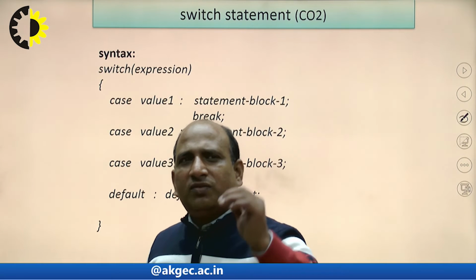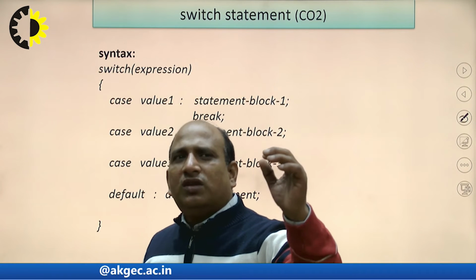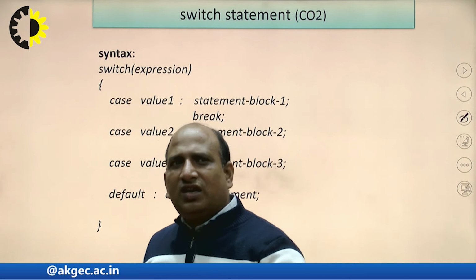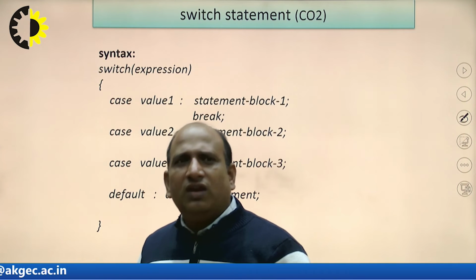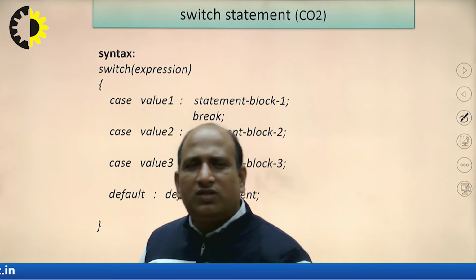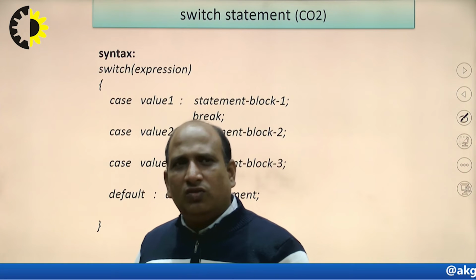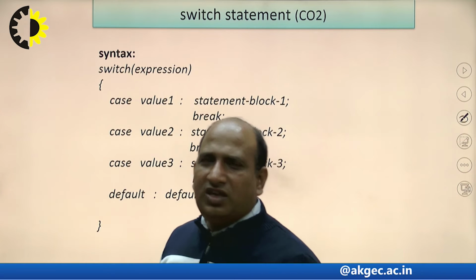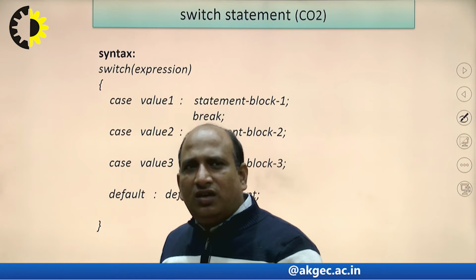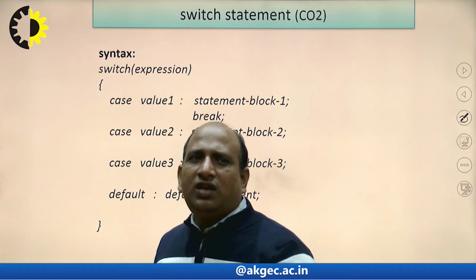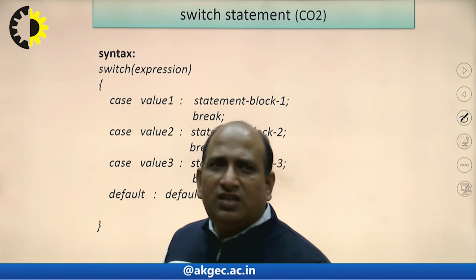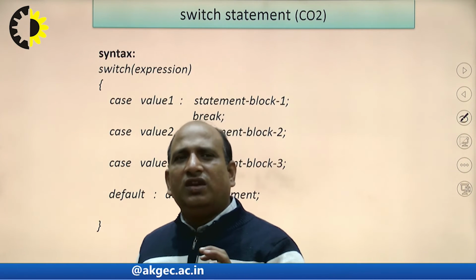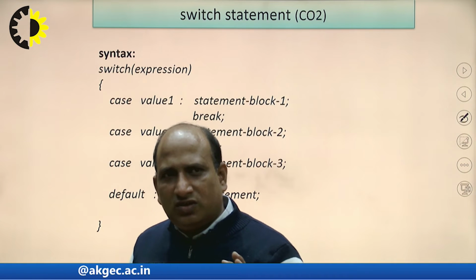If the expression value is neither value 1, nor value 2, nor value 3, and none of the case values equals the evaluated expression value, in that situation the default case will be executed.